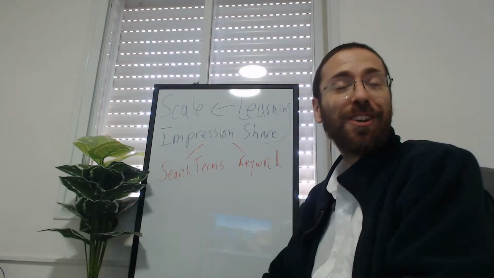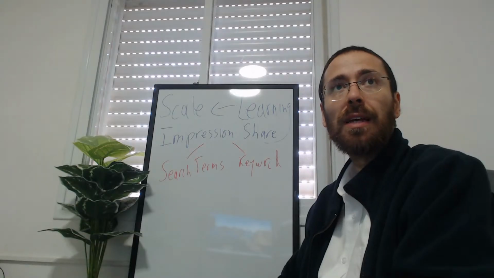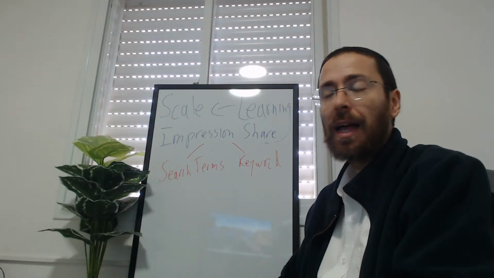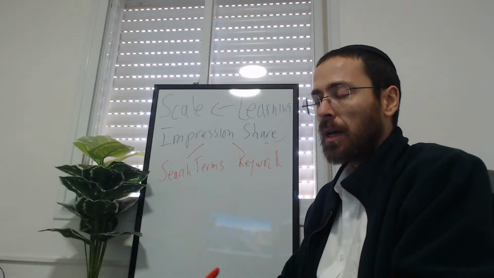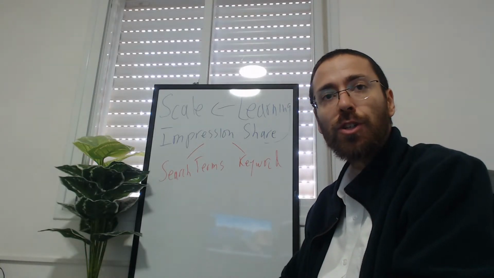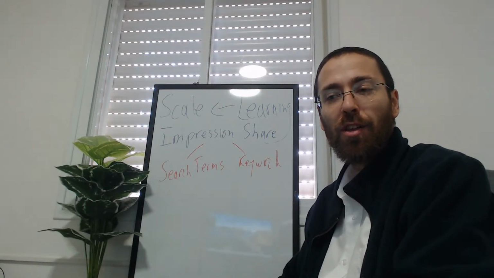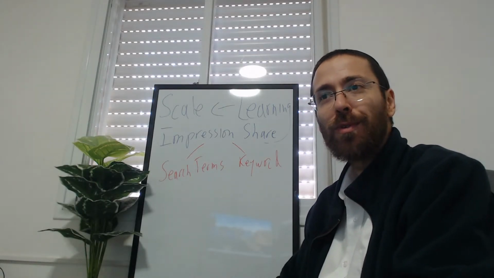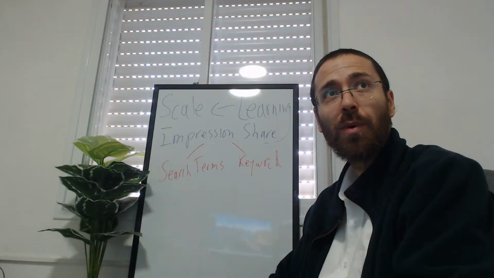Now, the keyword impression share, which is shown in your user interface, is an entirely different thing. And what that tells you is the percentage of potential impressions you could have got across all matching search terms. Now, that's a pretty difficult number to understand and appreciate with any degree of accuracy.